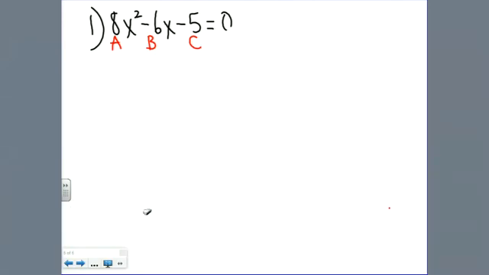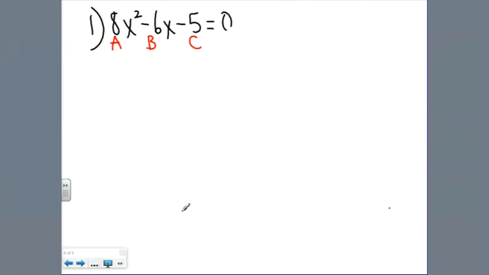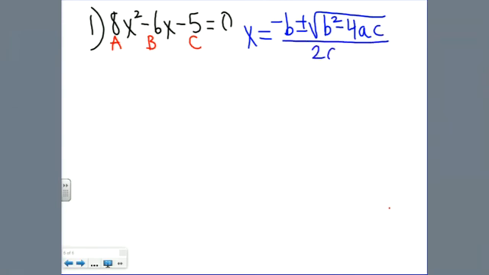So let's see if that holds true. Write down your quadratic formula first, and we'll plug in the same A, B, and C values into the quadratic formula.